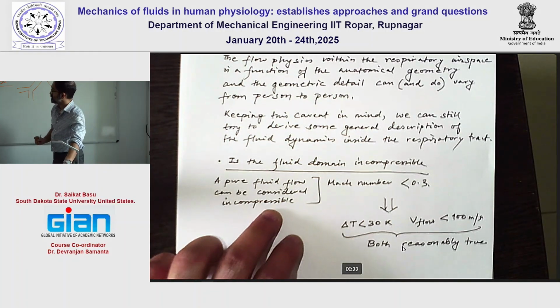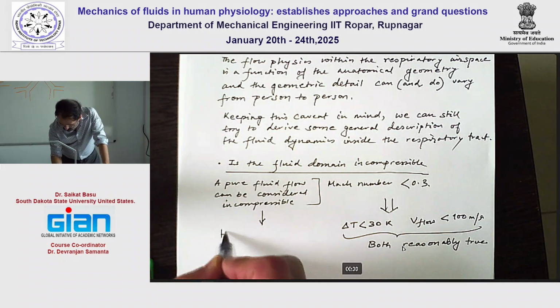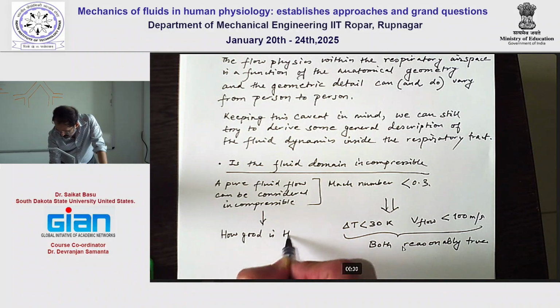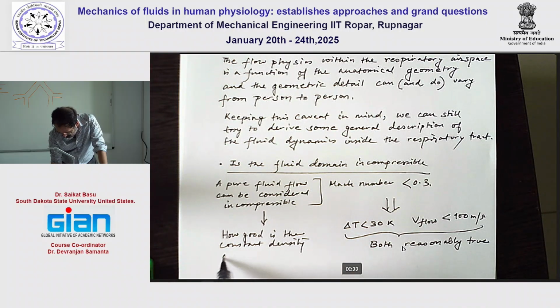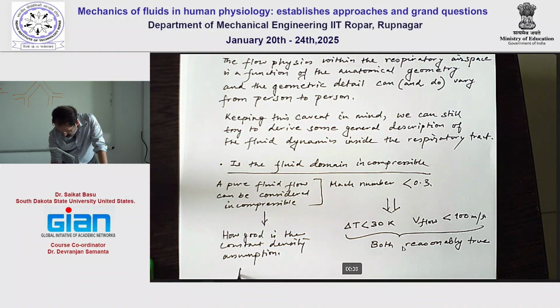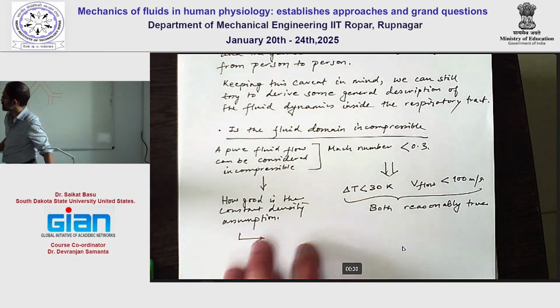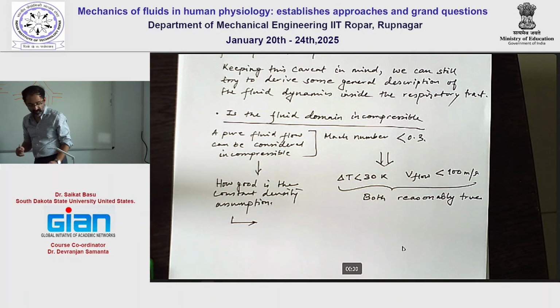Now the other effect is about the density. How good is the constant density assumption? As Dr. Shamoto pointed out, nitrogen is the primary dominant component in inhaled air, around 3/4.